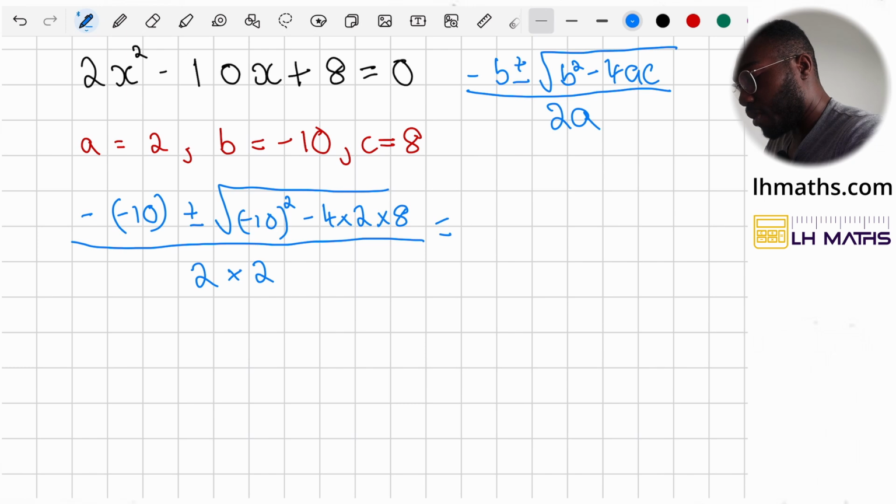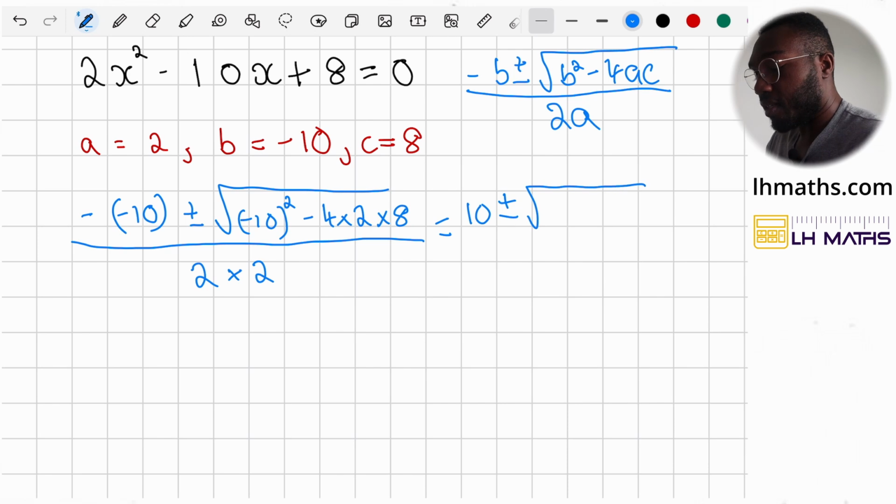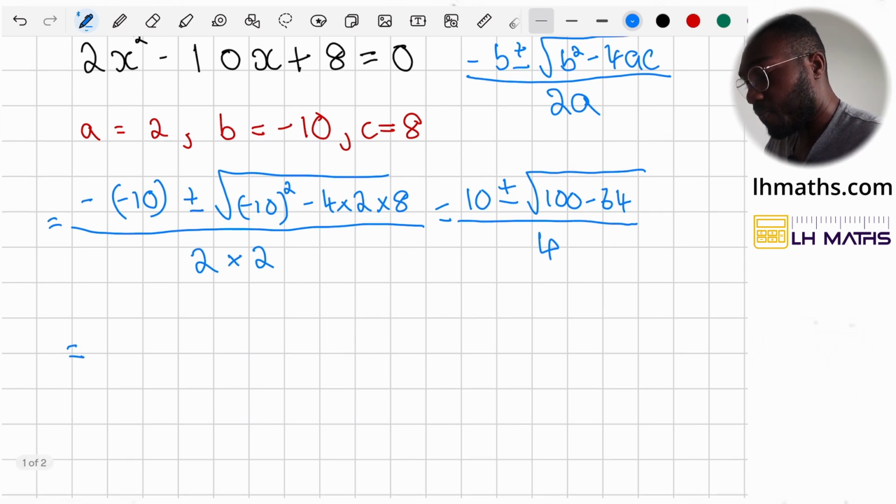So we get a positive 10 plus or minus the square root of minus 10 squared is 100, and then minus 4 times 2 is minus 8, and minus 8 times 8 is minus 64. And then 2 times 2 is 4.